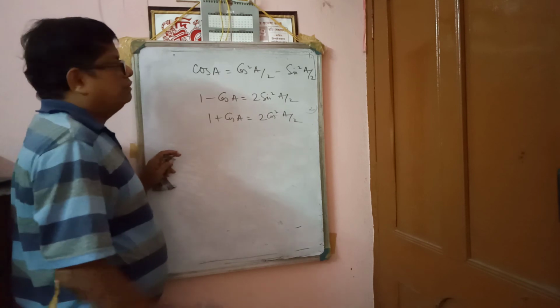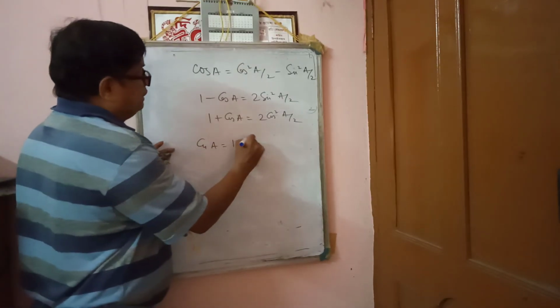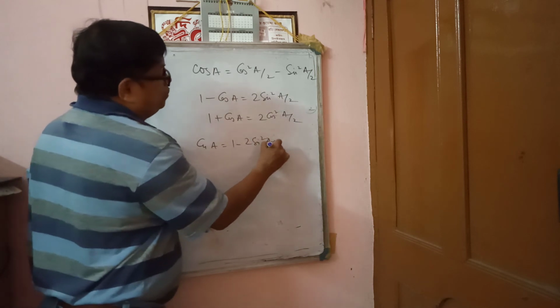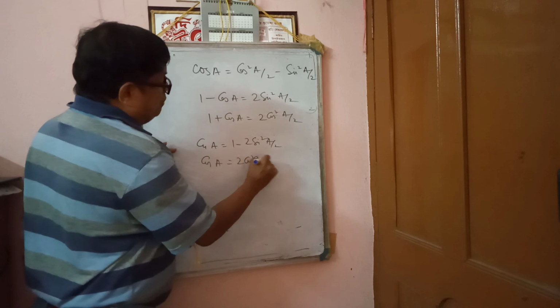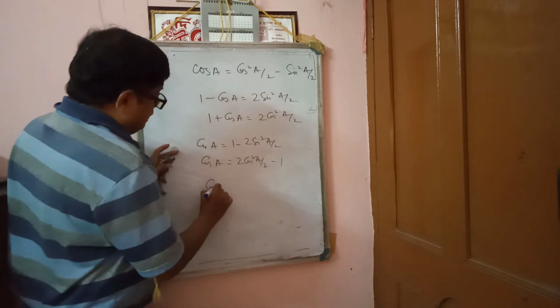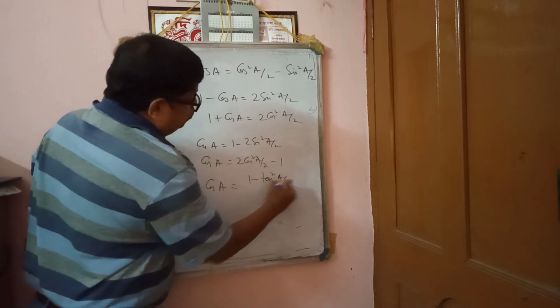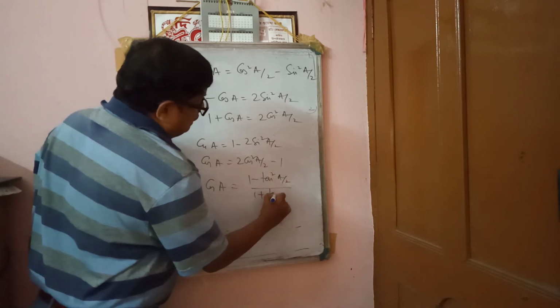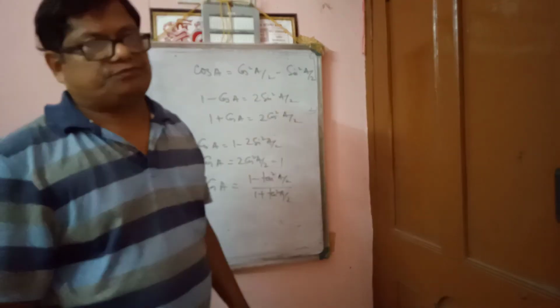Just interchange: cos A we can write as 1 minus 2 sin square A by 2, or 2 cos square A by 2 minus 1, or (1 minus tan square A by 2) by (1 plus tan square A by 2). Like that, similar types of formulas are there.